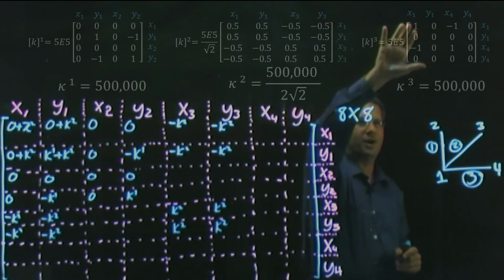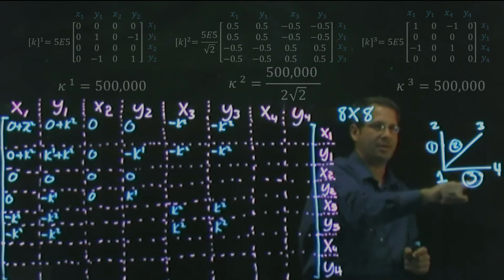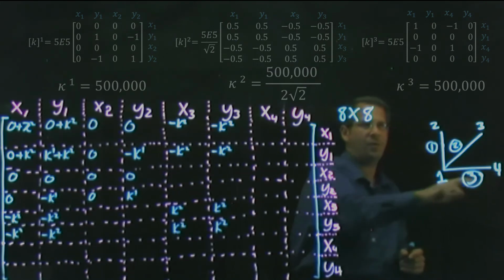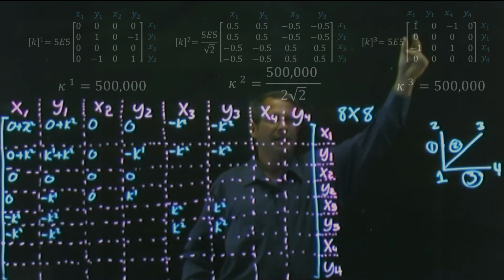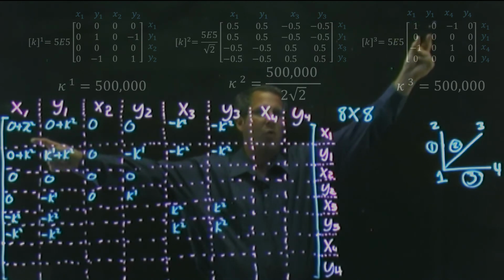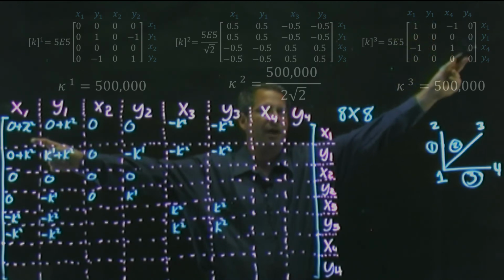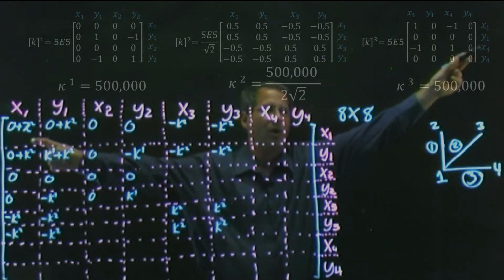I'm ready to move on to the final stiffness matrix for element number 3, applying to this bar connecting node 1 to node 4. Again, in this quadrant here, I have the x1, y1 column, x1, y1 row.